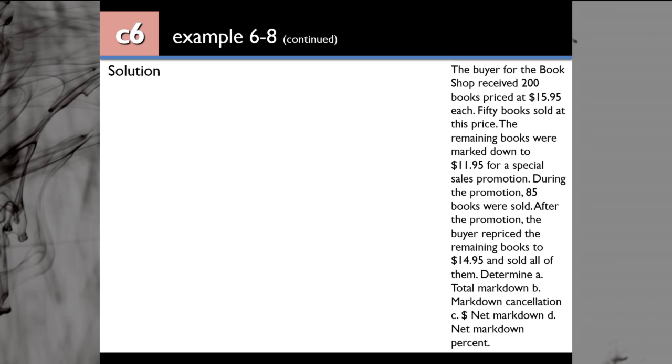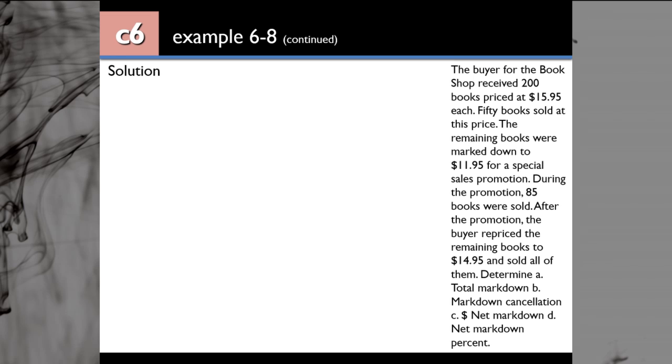So let's look at this. What you need to do, you have to calculate your total markdown first. And then you can calculate your markdown cancellation and dollar net markdown and your net markdown percent. So let's start from the total markdown.